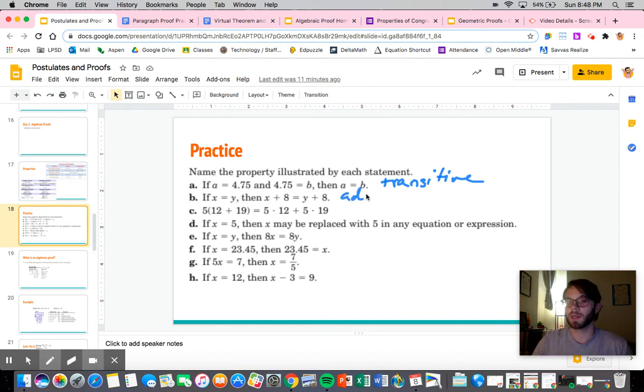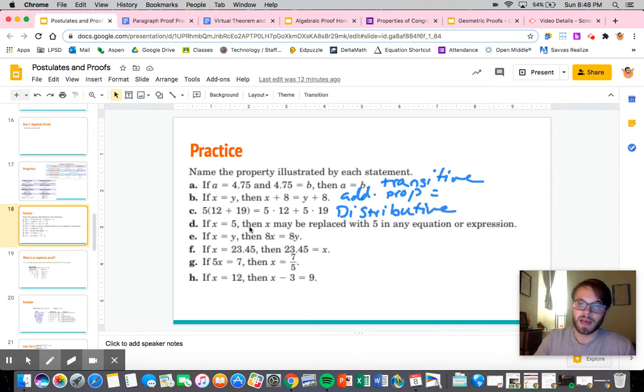Well, that's just the addition property. I'm not going to make you write the addition property of equality every time. You can just write addition, but ultimately that's the formal full name. 5 times, in parentheses, 12 plus 19 is equal to 5 times 12 plus 5 times 19, right? Distributive. These are all things you know, but just want to make sure that we're clear.